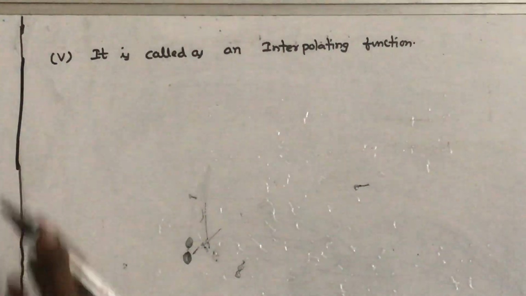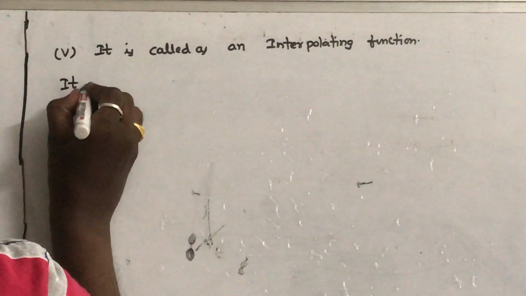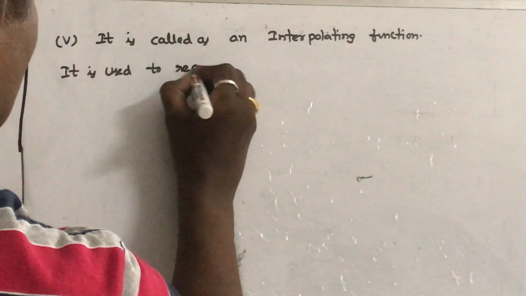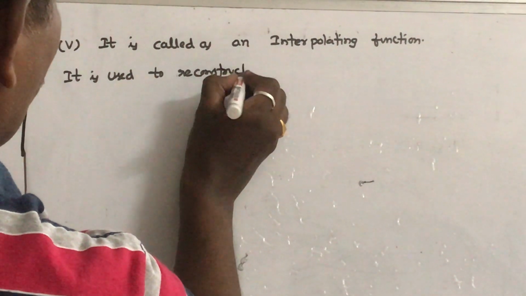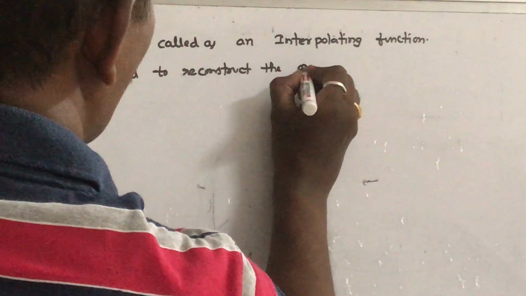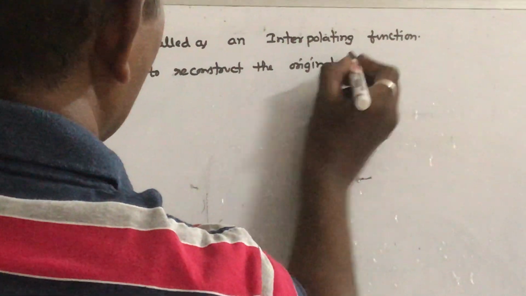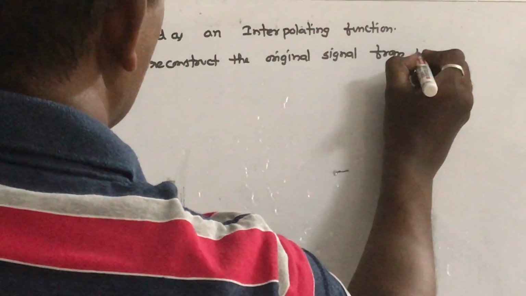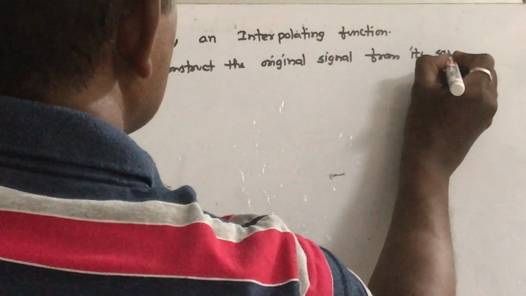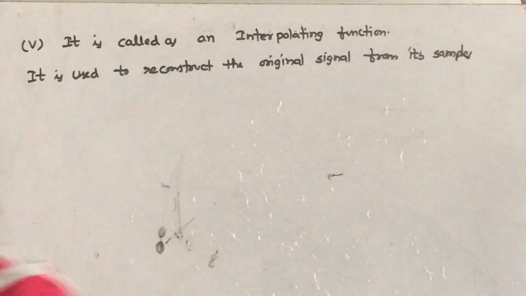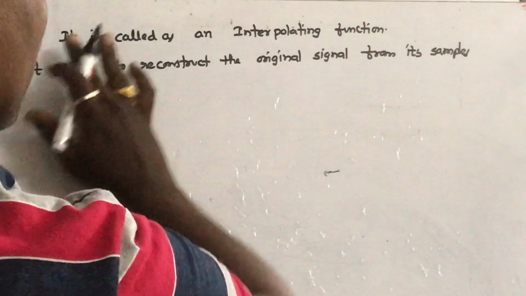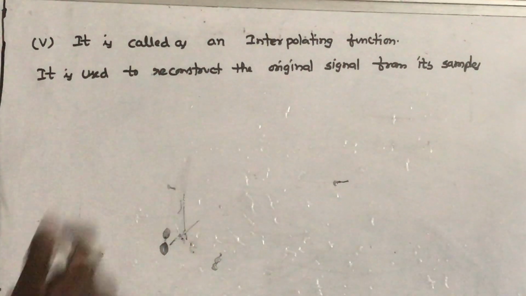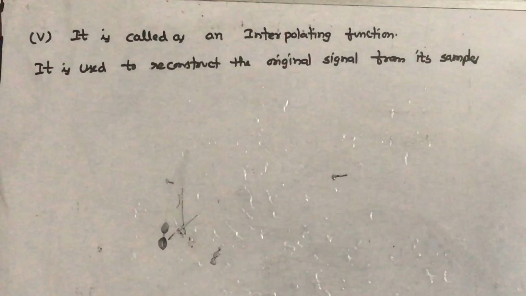Where this is used in signals and systems: it is used to reconstruct the original signal from its samples. We will discuss more about this interpolation signal, and how to reconstruct the original signal from its samples, in the sampling theorem.